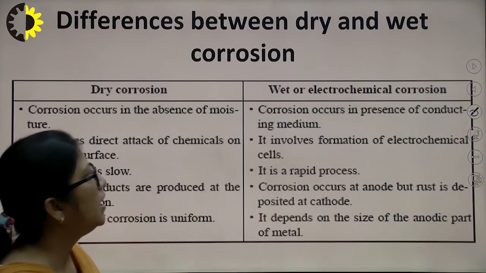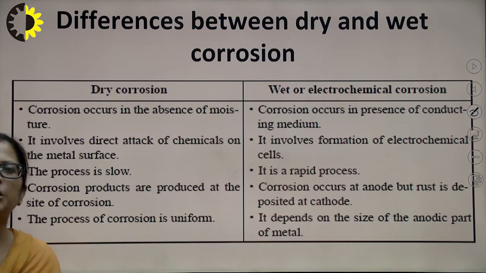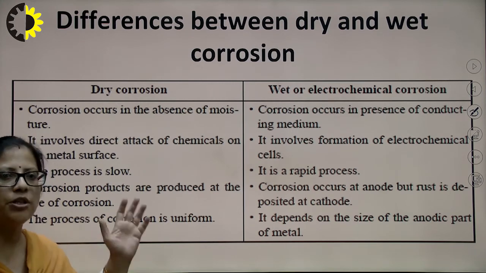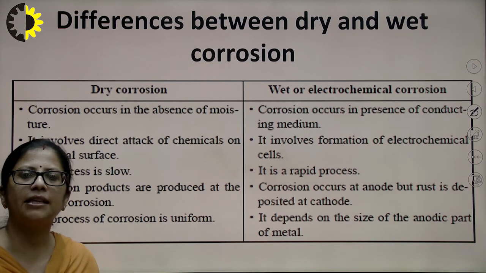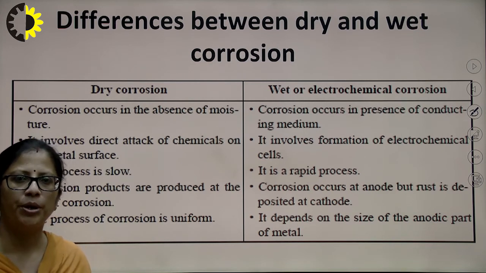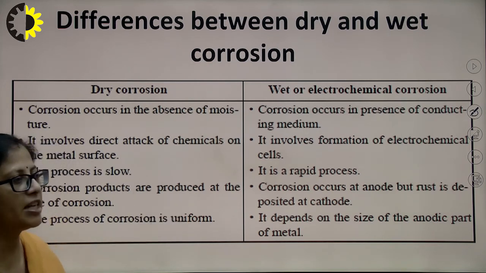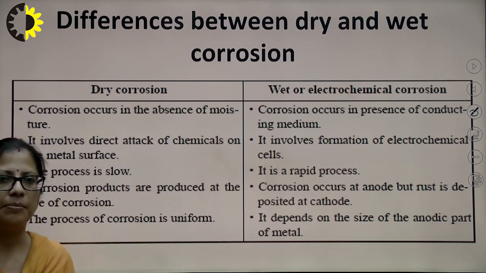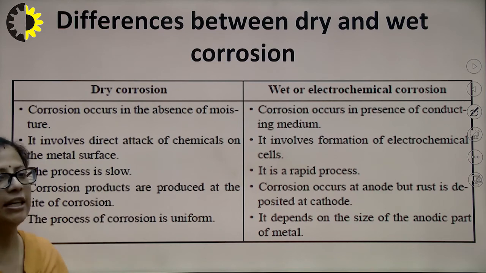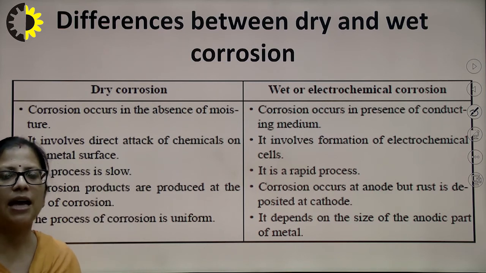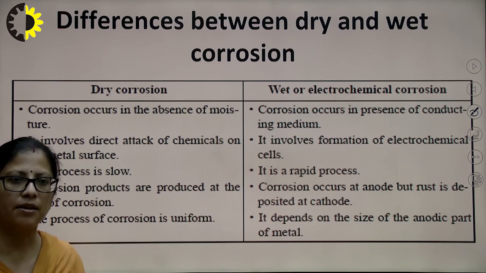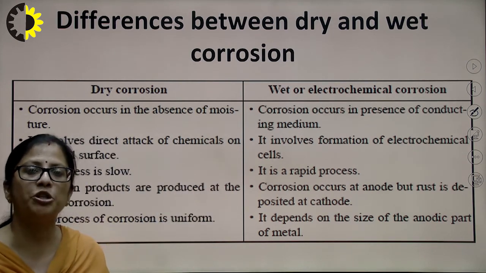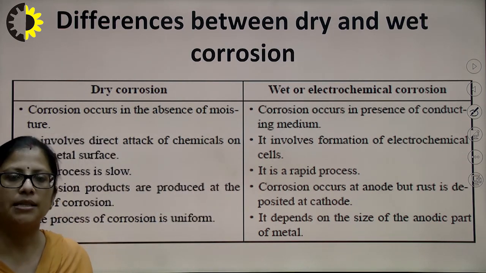Now, coming to the differences between dry and wet corrosion. Dry corrosion takes place in the absence of moisture, whereas wet corrosion takes place in the presence of a conducting medium. Dry corrosion involves the direct attack of chemicals on the metal surface, whereas wet corrosion involves the formation of electrochemical cells.